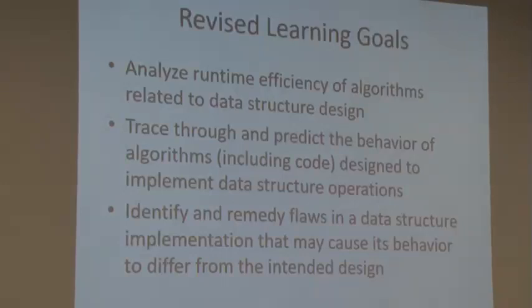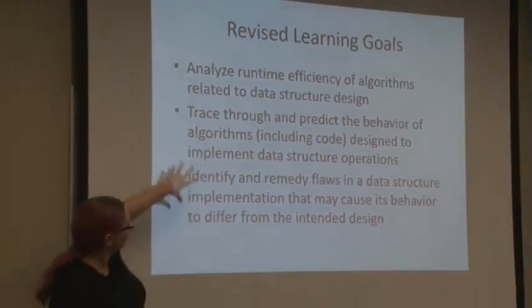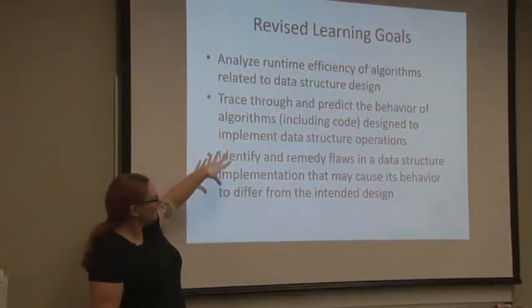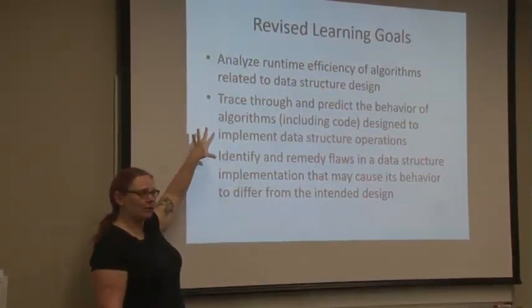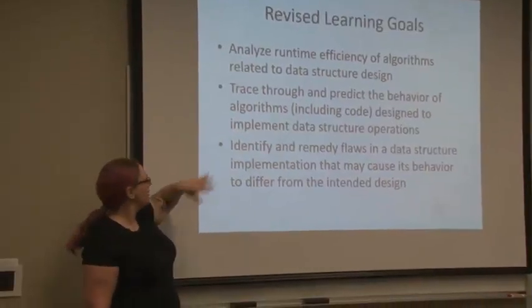And then lastly, we have this one, which is identify and remedy flaws in a data structure. This is really a debugging question. If I give you code that has a mistake in it, can you figure out how to fix the mistake? The interesting thing about these learning goals is that they are high-level goals about learning to be a computer scientist and write code, being applied to data structures.